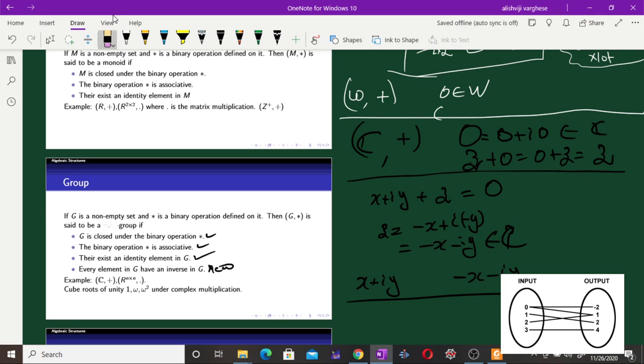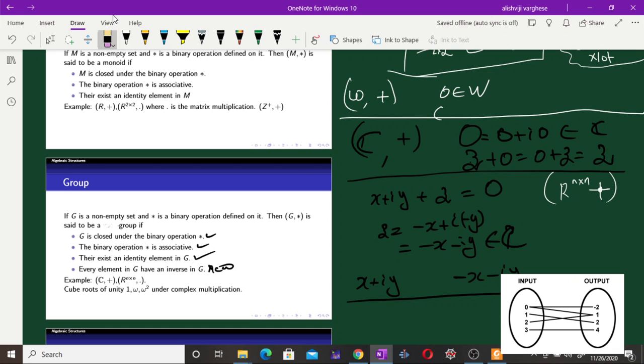And now the set of all n by n matrices, R to the power n by n, under matrix addition. Okay, let's start with addition. Under addition, it will form a group because the sum of two n by n matrices is an n by n matrix. The addition of n by n matrices is an associative operation.